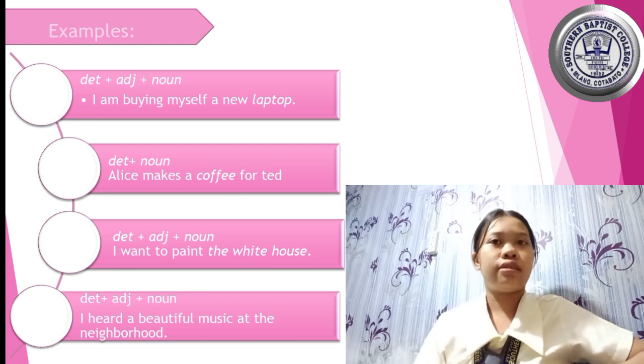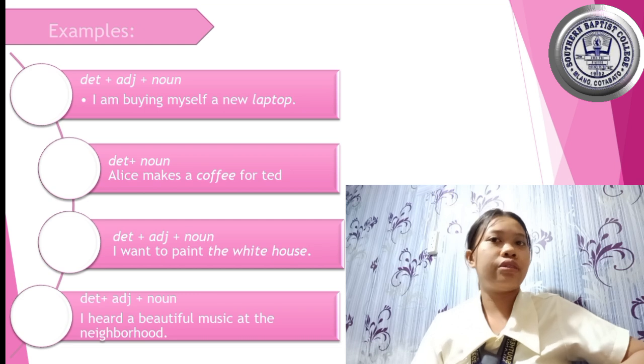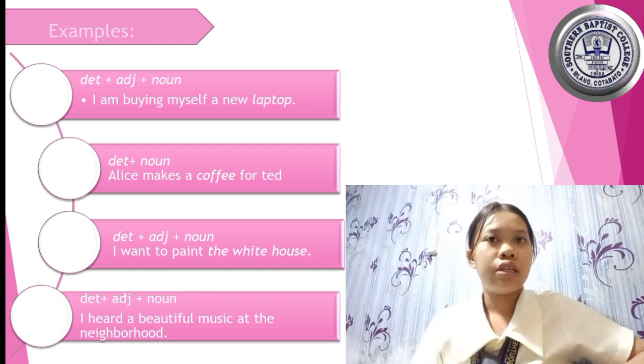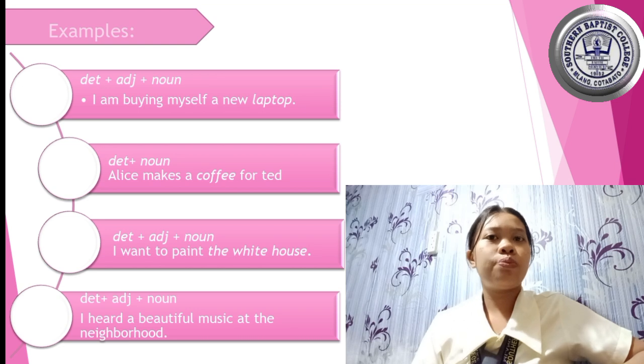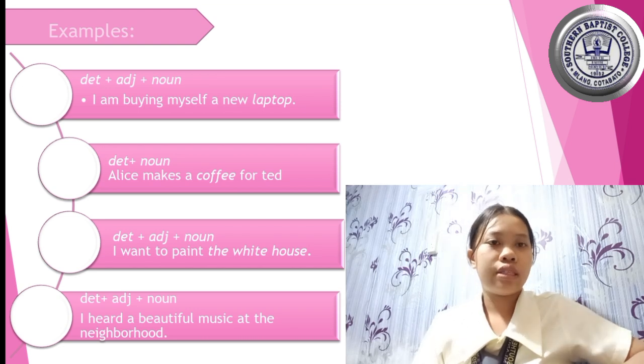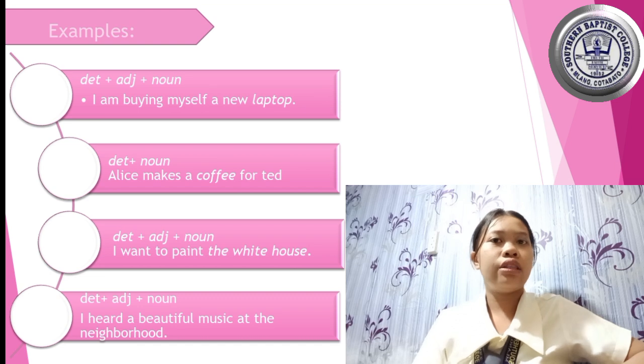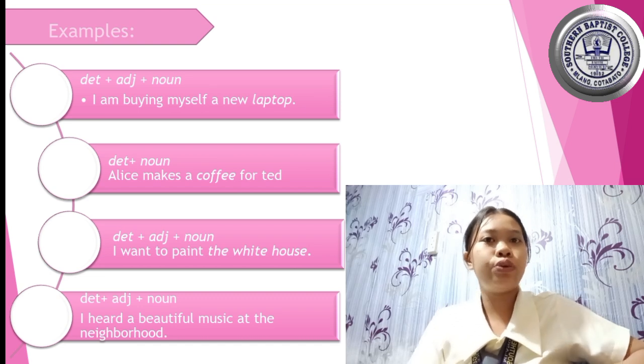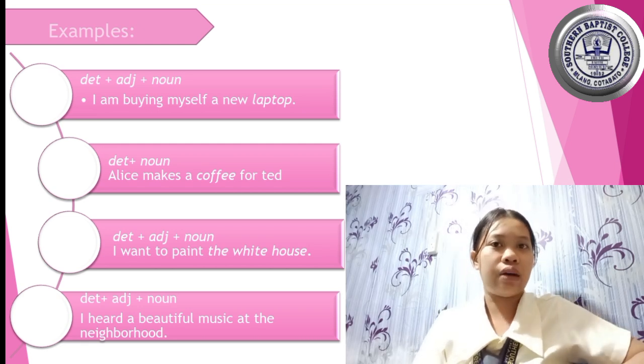The second is, Alice makes a coffee for Ted. That's determiner plus noun. The third is, I want to paint the White House. That's determiner plus adjective plus noun. And the fourth and last is, I heard a beautiful music at the neighborhood. That's also determiner plus adjective plus noun.